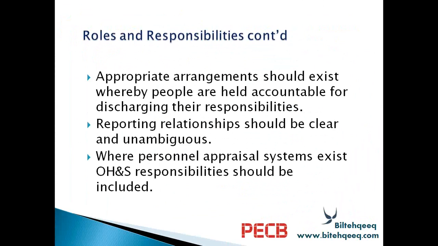So in the roles and responsibilities, the reporting system should be clear and appropriate arrangements should be available, and there should also be the authority given that is required to fulfill the responsibilities related to occupational health and safety.